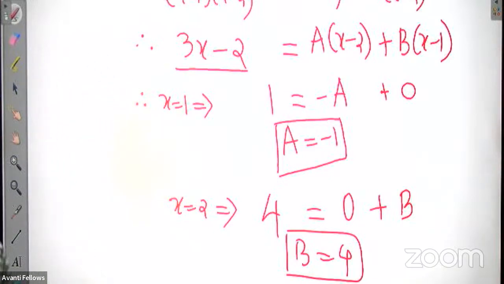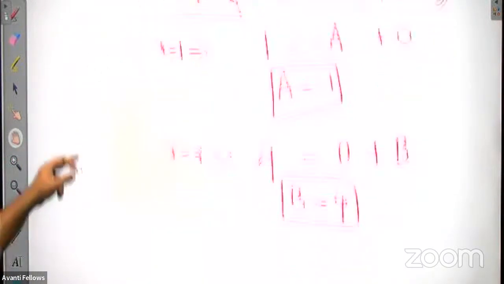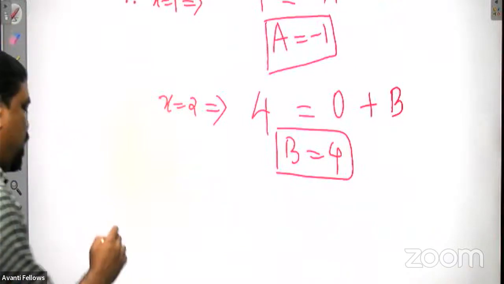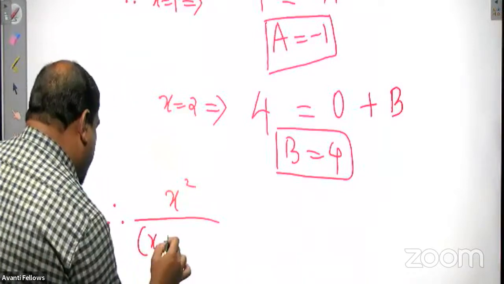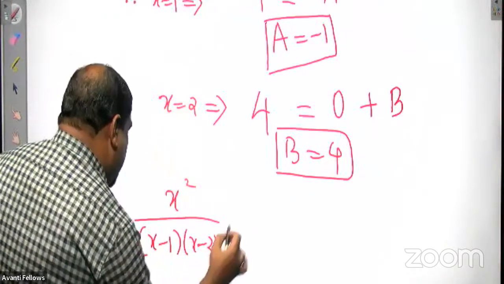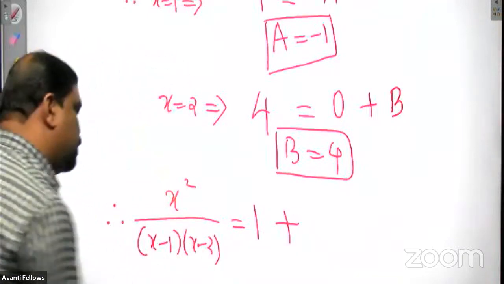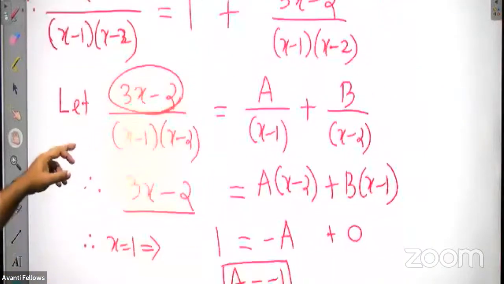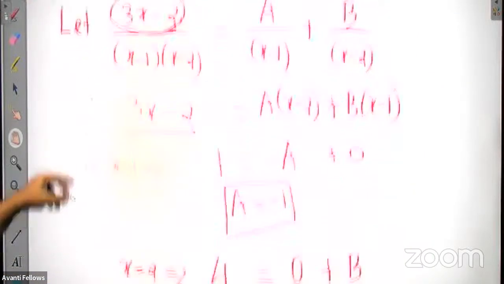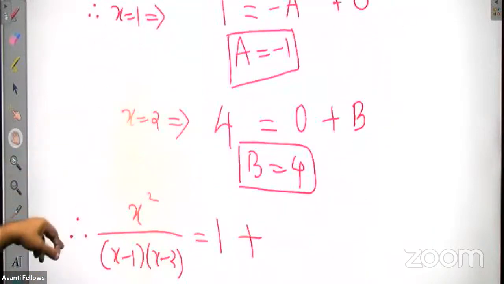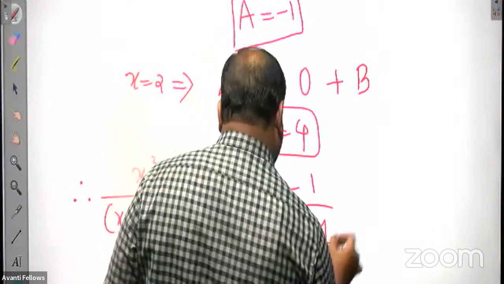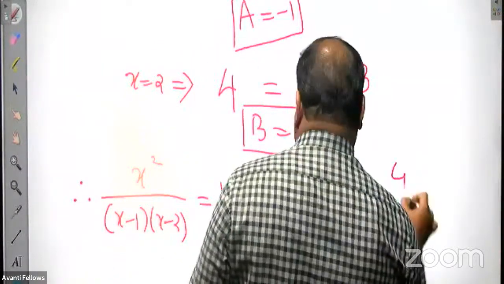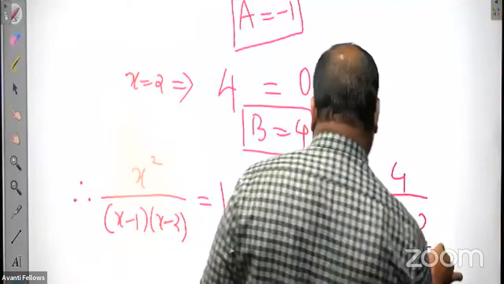I think the remaining we can do very easily. Substituting A and B, our given expression x squared divided by (x - 1)(x - 2) is equal to 1 plus (3x - 2) divided by (x - 1)(x - 2), which we have converted into partial fractions: A divided by (x - 1), and A here is -1, so -1 divided by (x - 1), plus 4 divided by (x - 2).